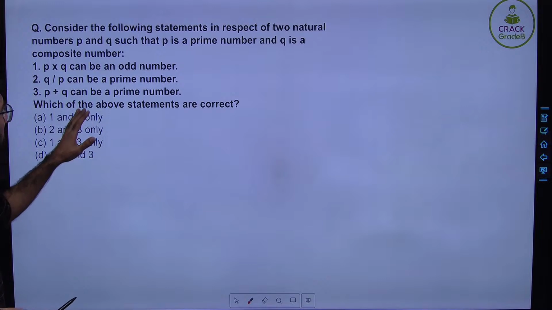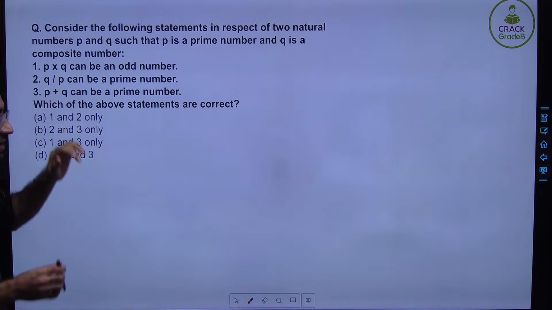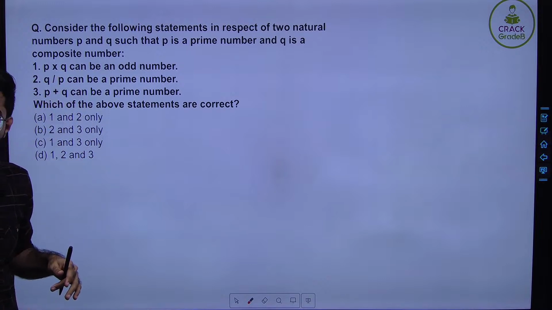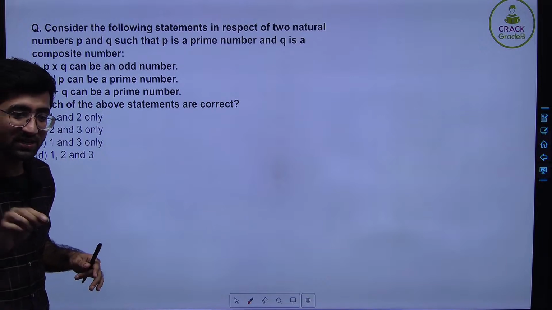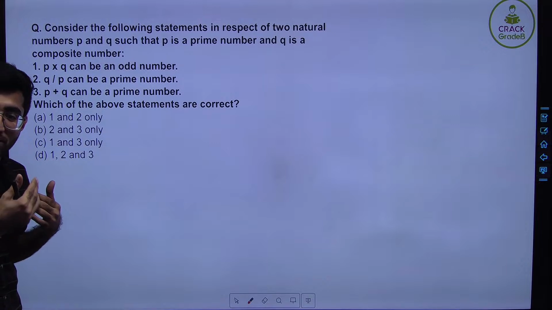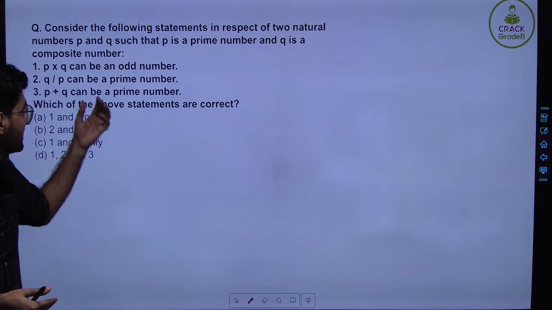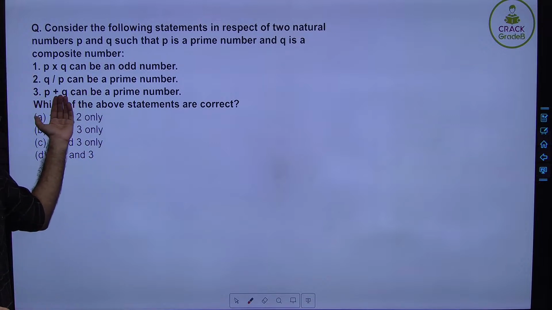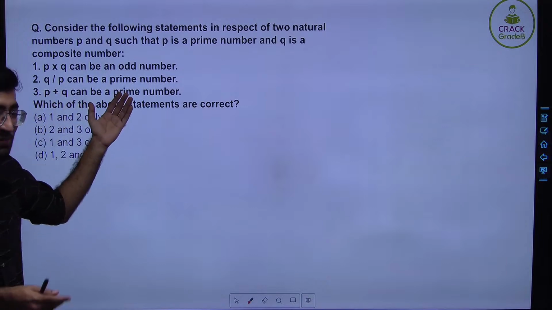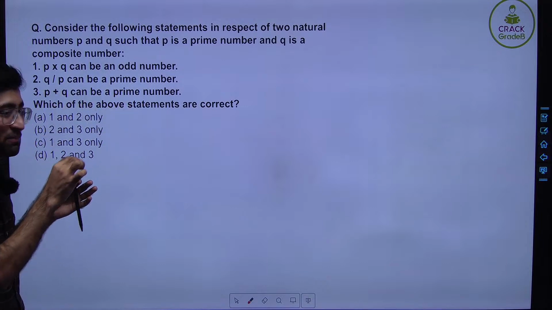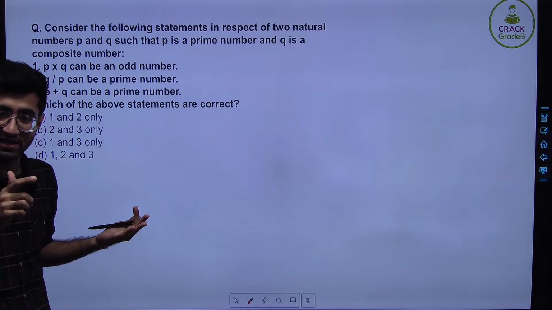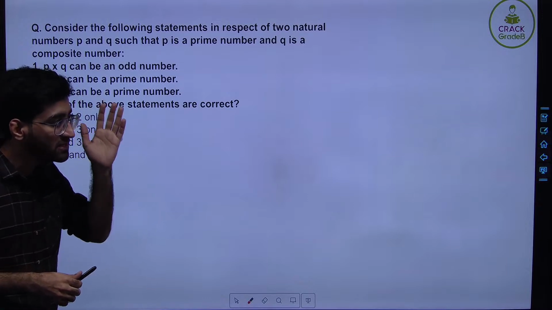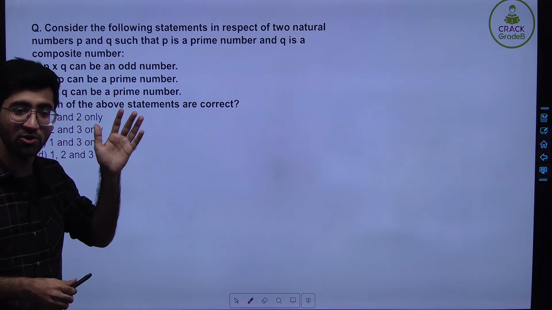See, try to recall what we were dealing with: even plus even equal to even, even plus odd equal to odd, right? So basically, we learn about even plus even and odd. In examination, we have been given P plus Q prime. You have been asked to add prime plus composite equal to prime. That's why your basics should be clear. How did we say that even plus even equal to even?